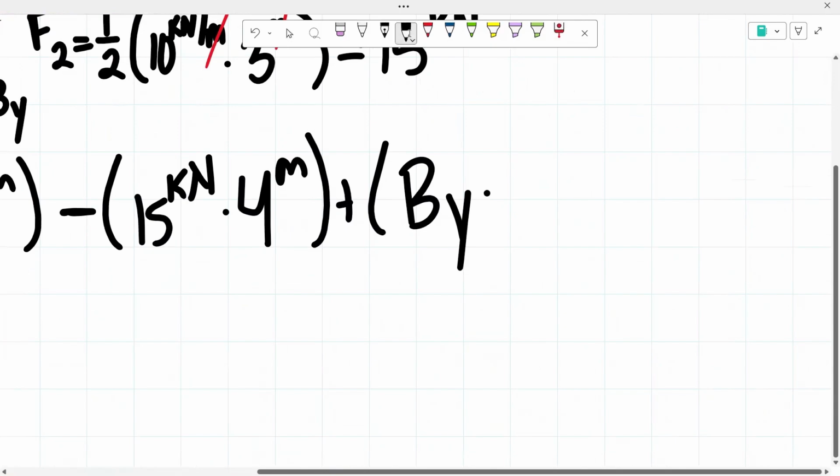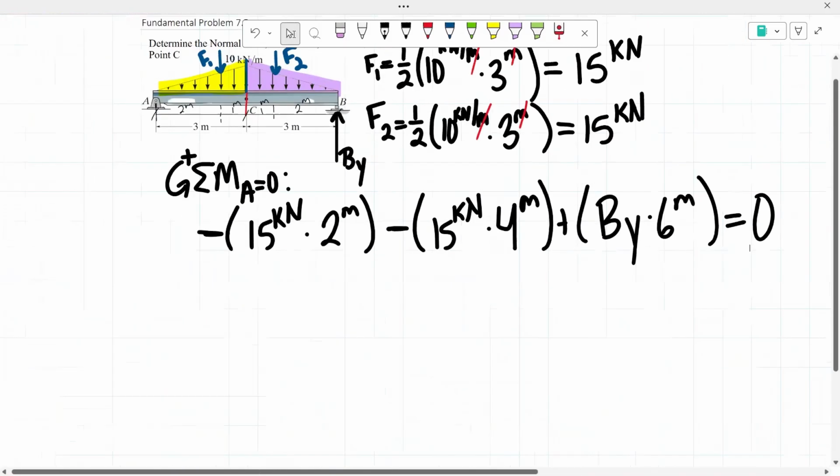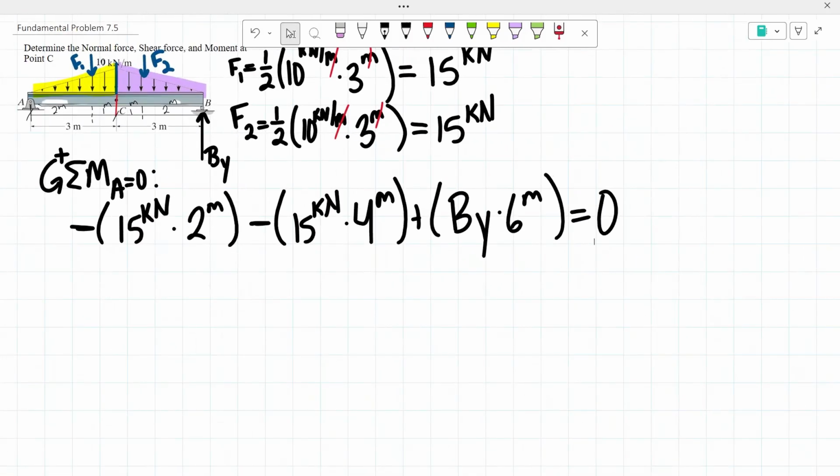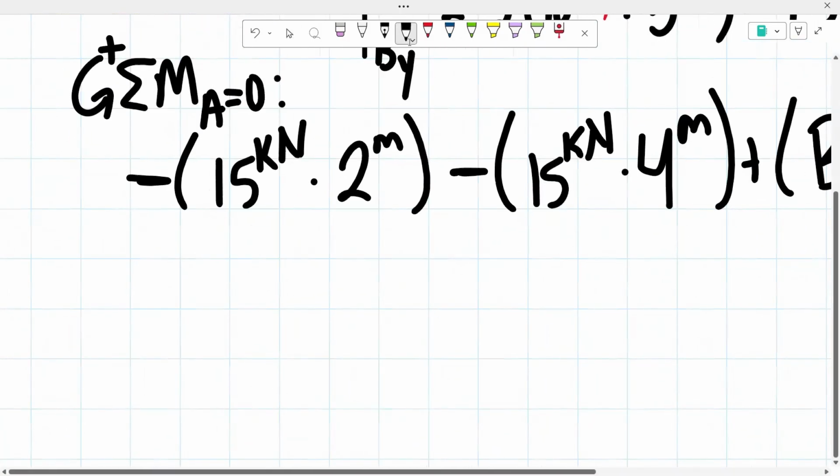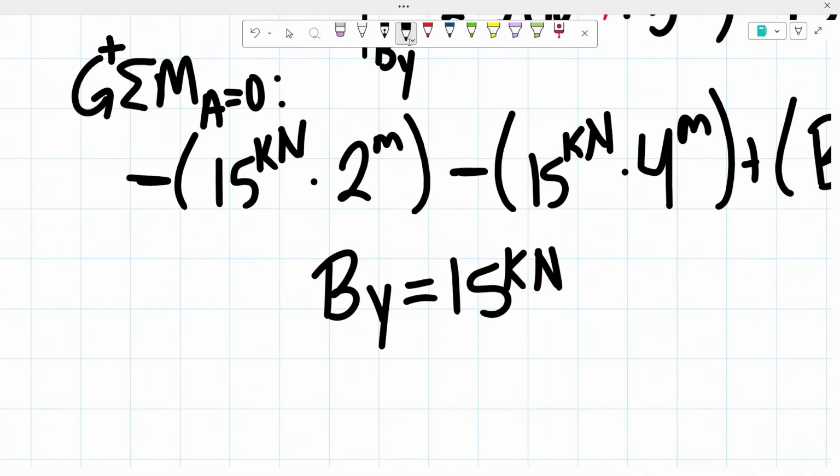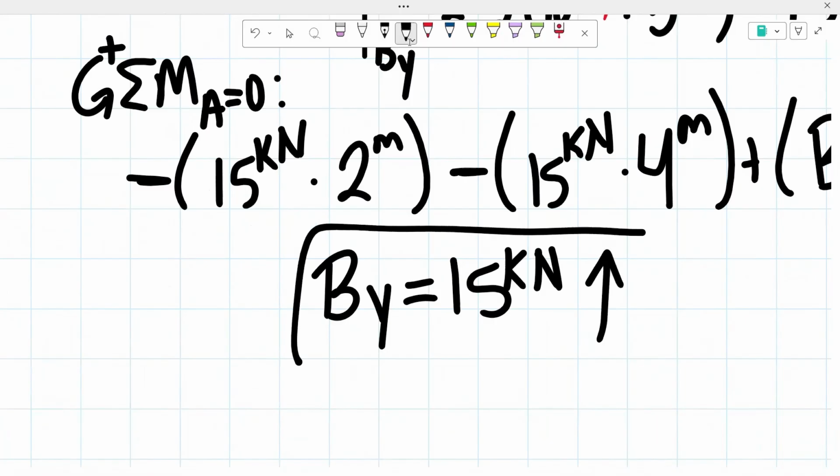So times 6 meters. And all of that has to equal 0. So from here, we would simply be solving for our reaction B sub y. When we solve for B sub y, we end up getting a value of 15 kilonewtons. And since we got a positive number, that means that it is acting upwards.